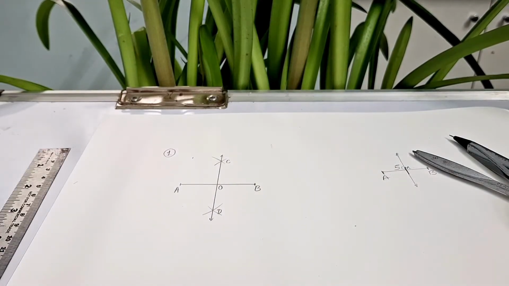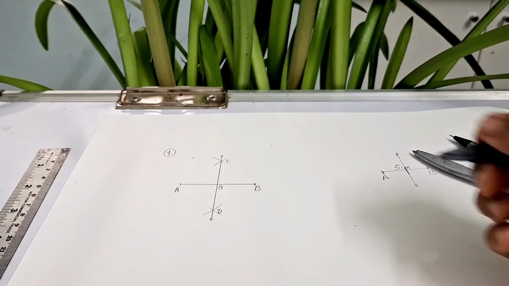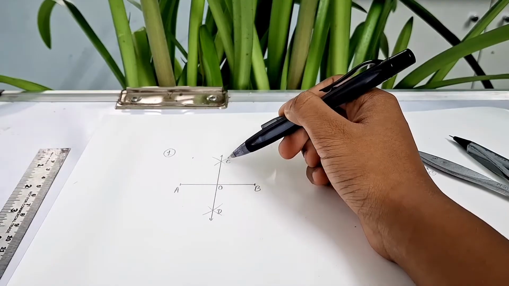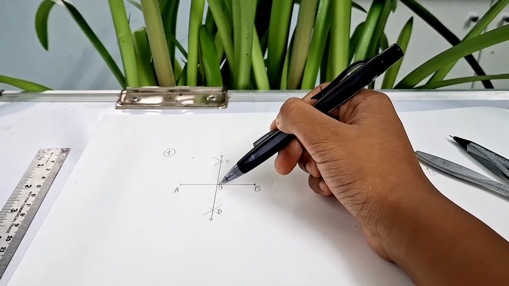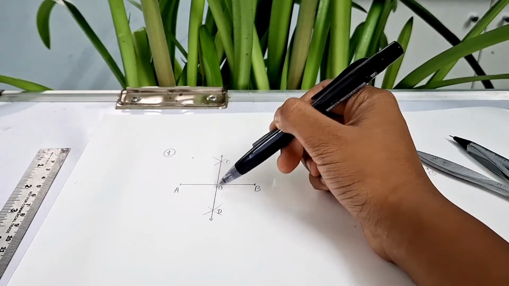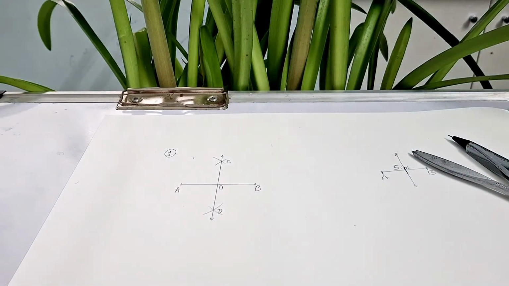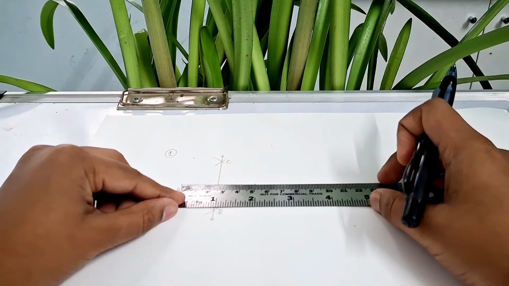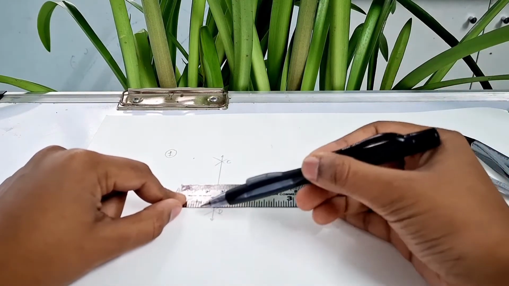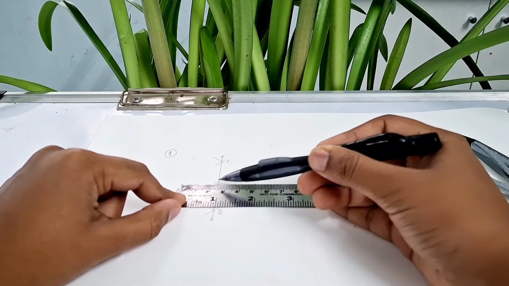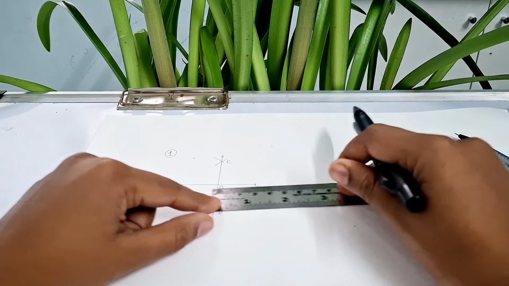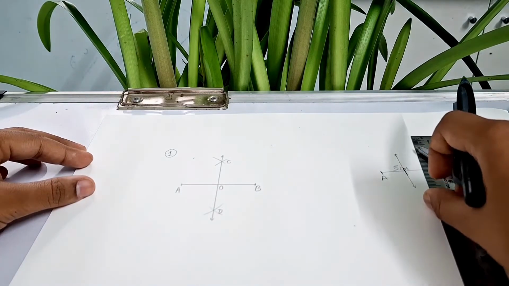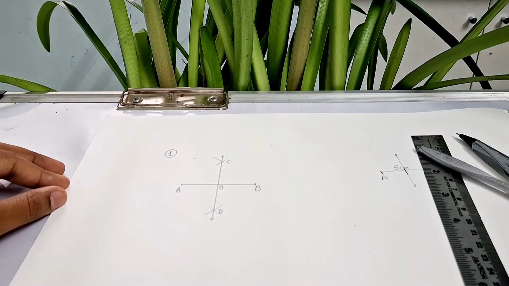The concept and the basic meaning of this construction is drawing this perpendicular bisector bisects the line AB into two equal halves. So here, if we measure each half, we know that the half of 5 centimeter will be 2.5 and this is exactly 2.5. Same way, this part will also be 2.5. So in construction, we have bisected the line without the scale.